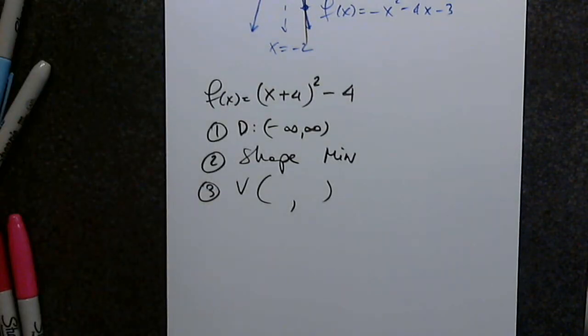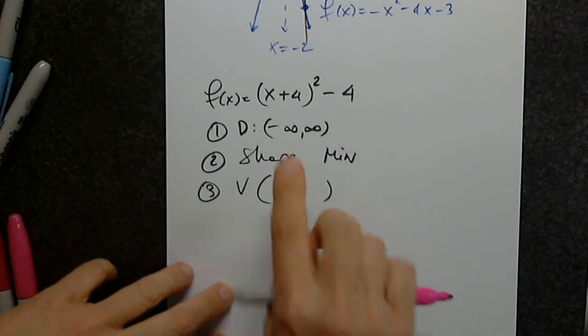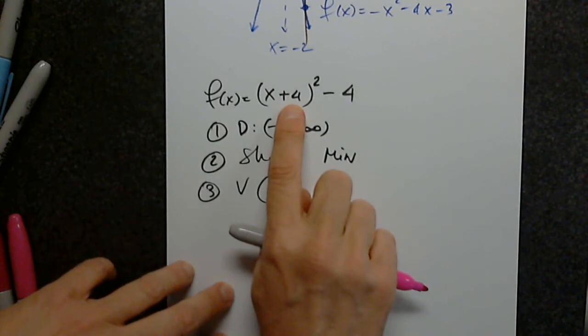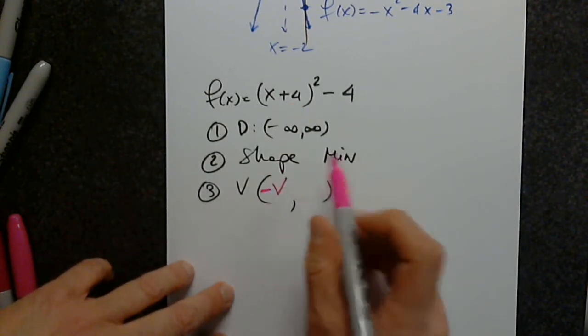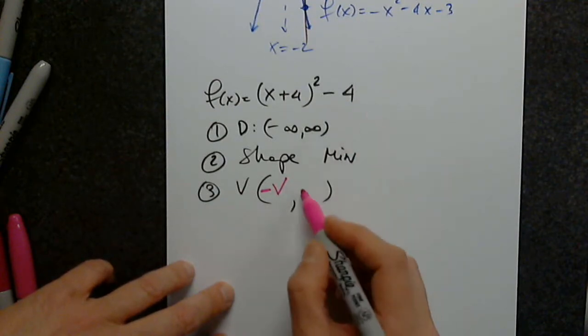In this case, the vertex does not need any calculations. All I have to do is think in terms of transformations, and I figure it out, and I don't have to do anything. So can anyone give us the vertex one more time? So it goes to the left 4, so it must be -4. And it goes down 4, which must be negative.